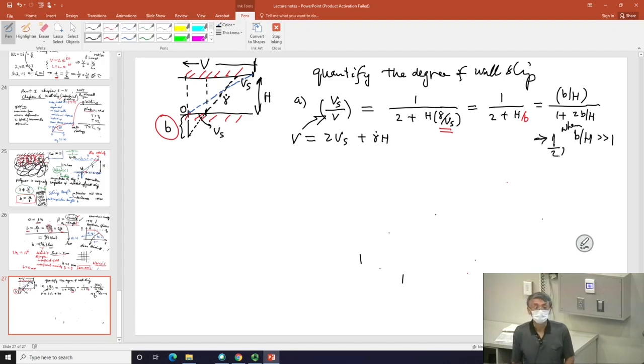In other words, all the V's will be nothing but 2 Vs's. That's the limit where this dashed line will become vertical. This black dashed line, right? So that's one way.